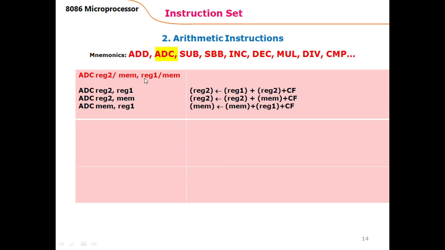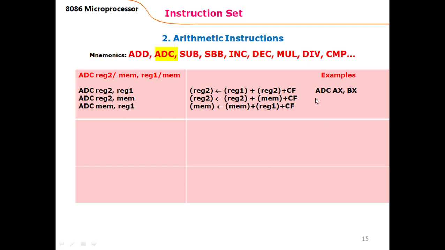Just like the add instruction, this is the general format of the add with carry instruction, and in this category we can have add with carry where both of the operands are registers, where the content of register 1 and register 2 are added, and the content of the carry flag is also added, and the result is stored back into register 2.